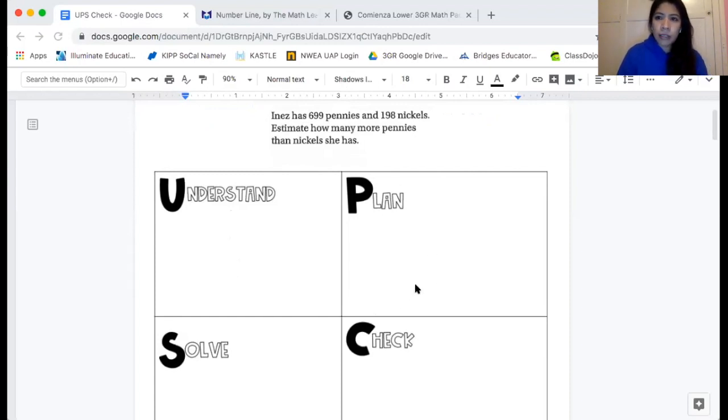For your plan, what do you do? That's right. You flesh out the important information. You add a lot of details and you are very specific. And this is also where you will be deciding what operation do I use? Maybe what's your equation?